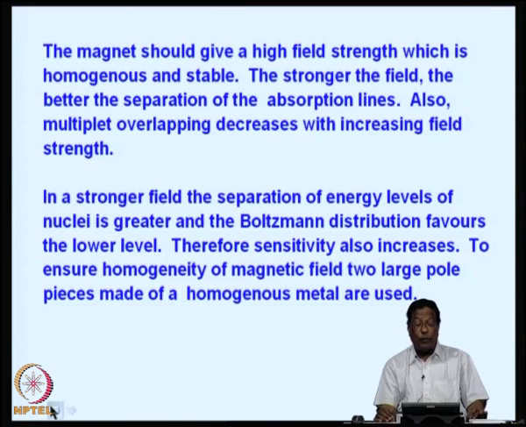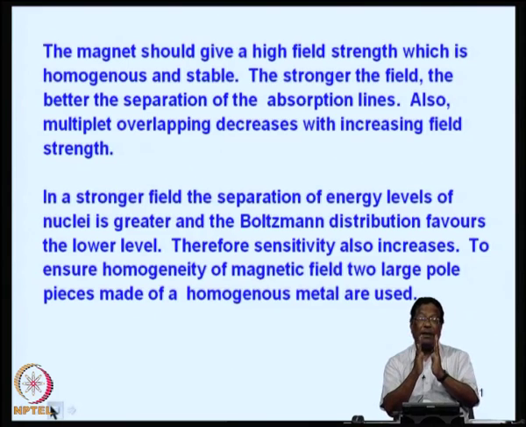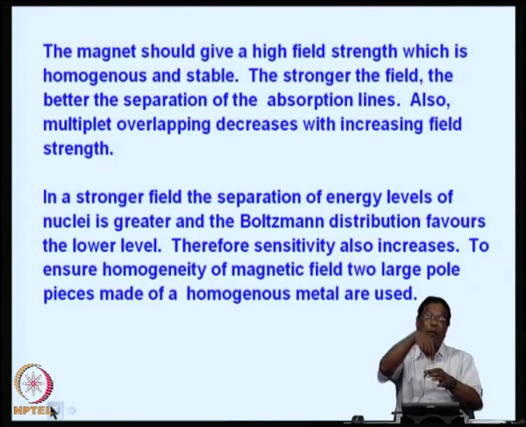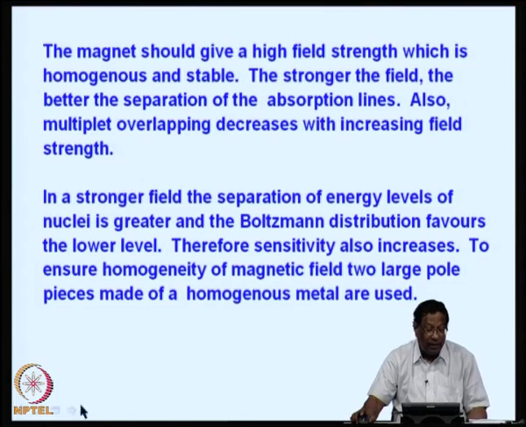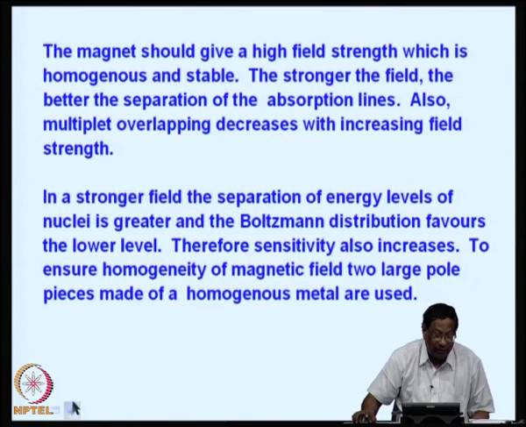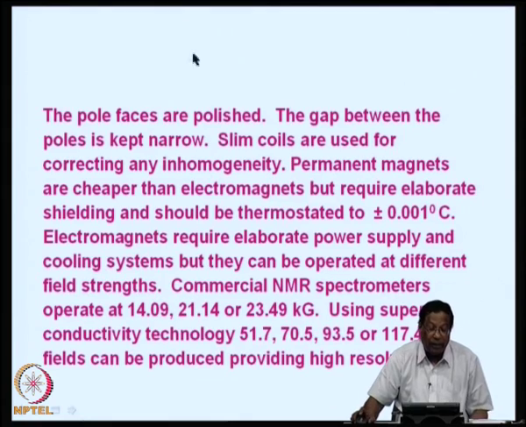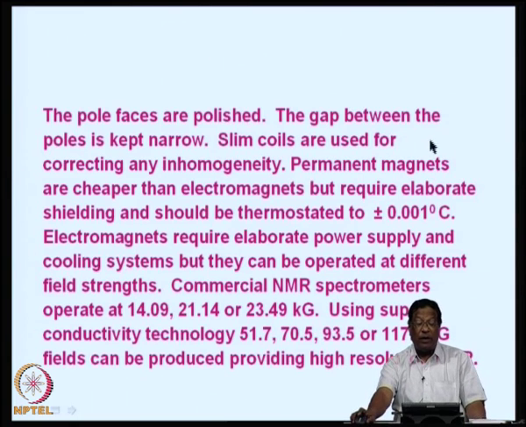To ensure homogeneity of the magnetic field, two large pole pieces made of homogeneous material must be put together. In between, the sample must be inserted, so that the sample experiences the magnetic field. The pole faces are usually polished, the gap between the poles is kept narrow, and slim coils are used for correcting any inhomogeneity.